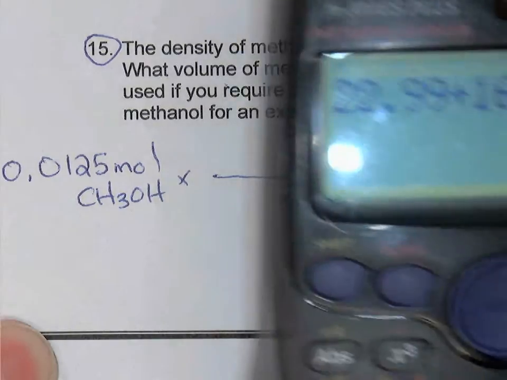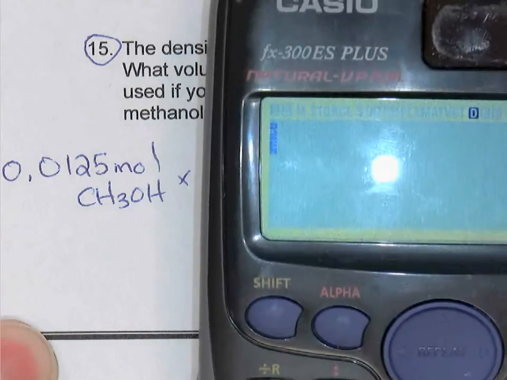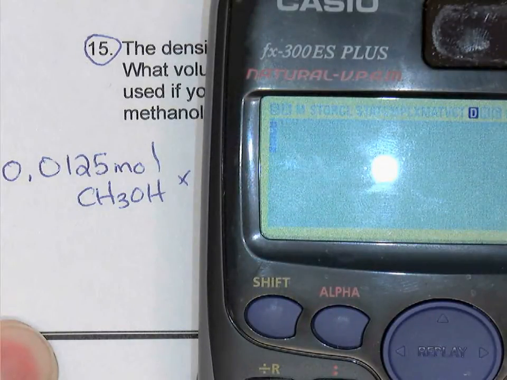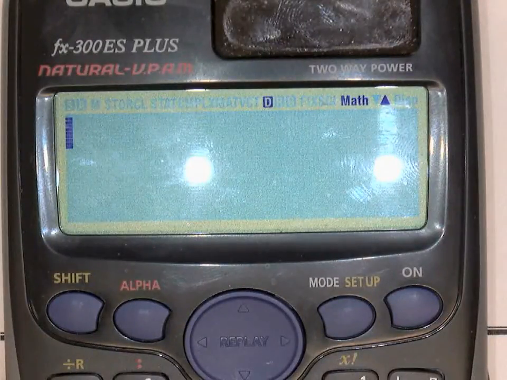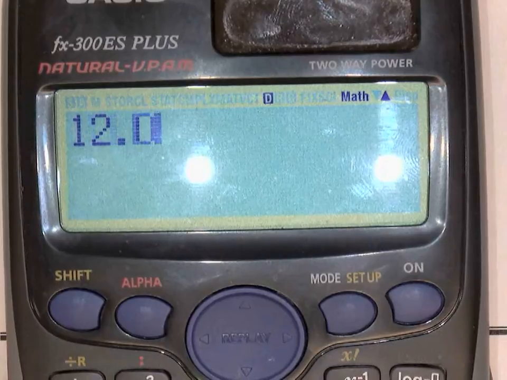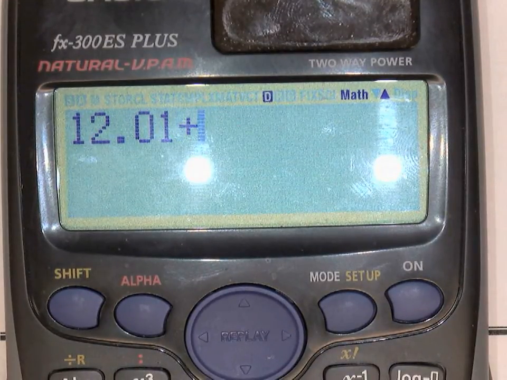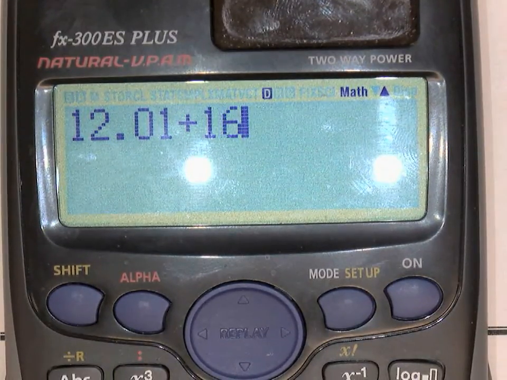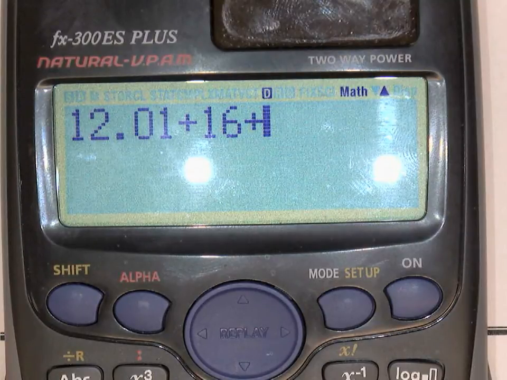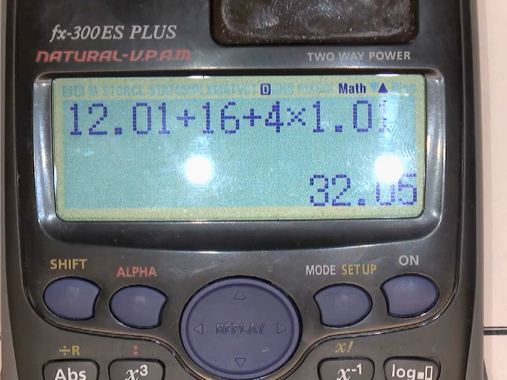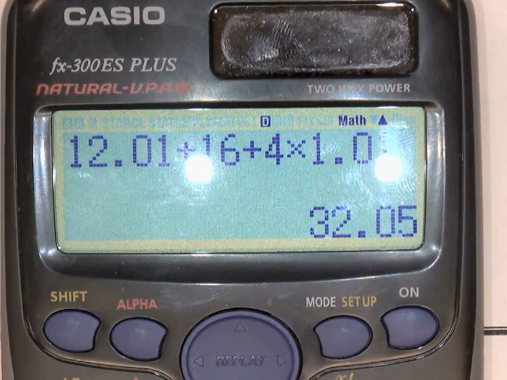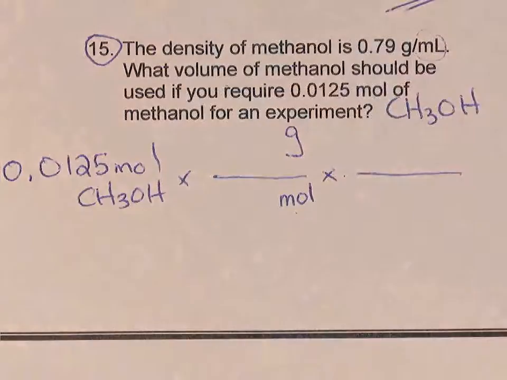So grabbing a calculator, we have 1 carbon, 4 hydrogens, 1 oxygen in the formula for methanol. So 1 carbon from a periodic table, 12.01 grams, 1 oxygen, 16 grams, and the 4 hydrogens, 4 times 1.01, 32.05 grams is the molar mass of methanol.